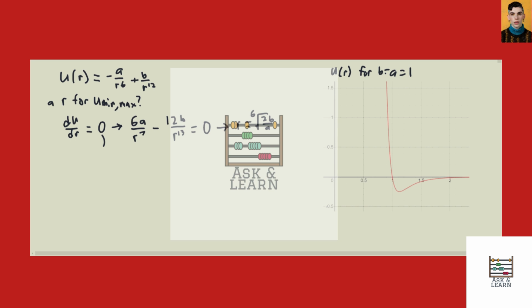So our U minimum is going to occur at the sixth root of 2B over A, and our maximum would occur at R equal to 0.